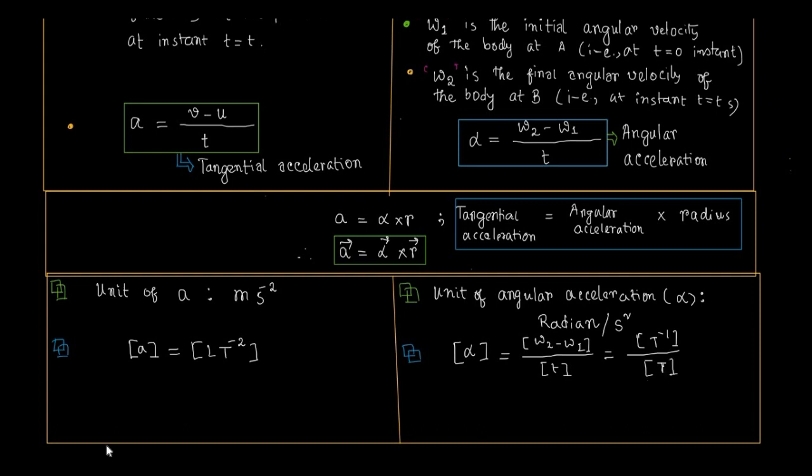Therefore, we get the dimension of angular acceleration alpha equal to t to the power minus 2.